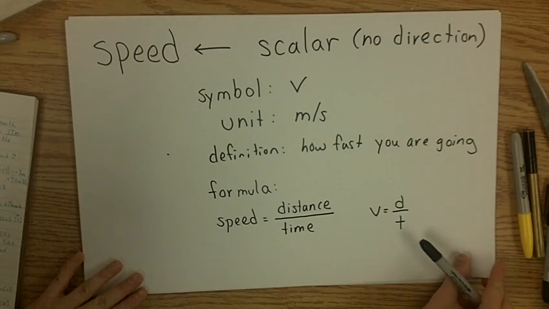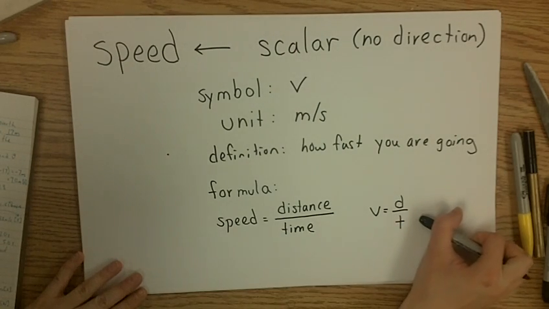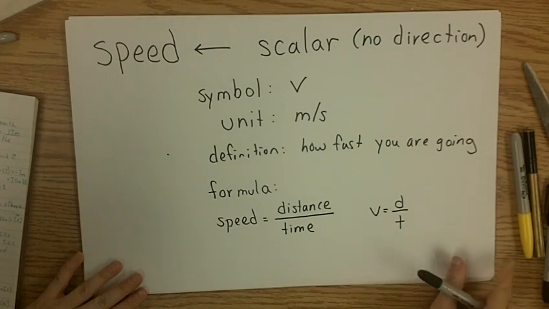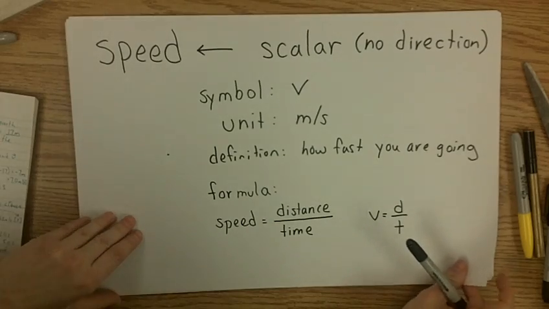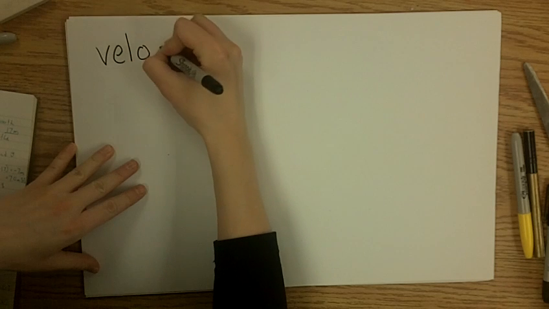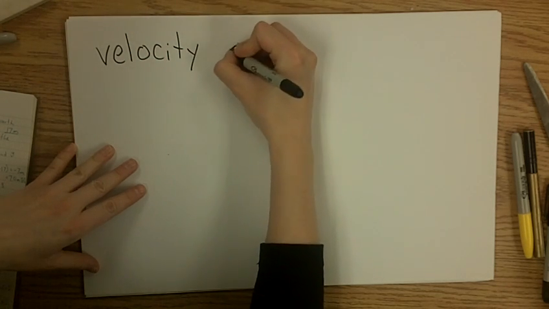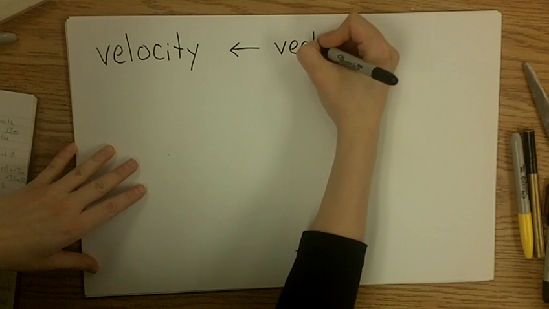The velocity of an object is quite similar. It's still meters per second, and the formula looks very similar. But because it's a vector, the other things are a little bit different. Velocity is a vector.